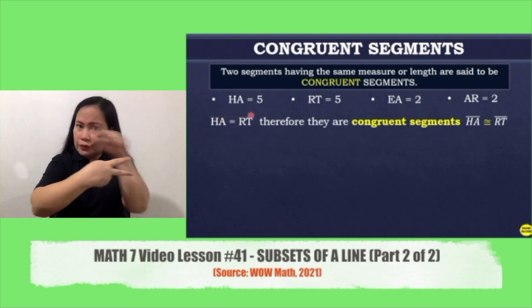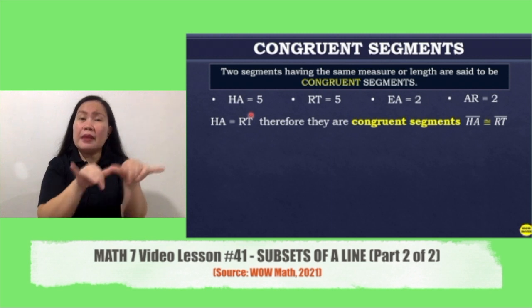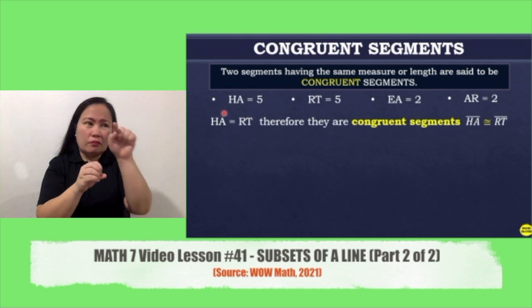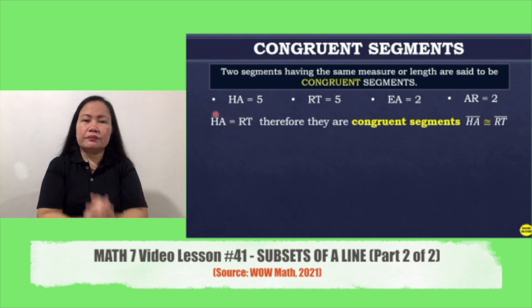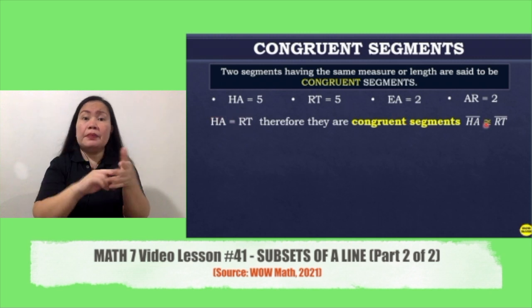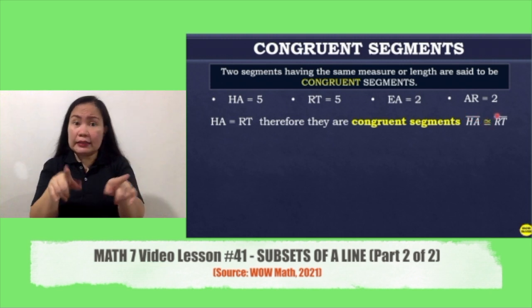Kasi nga po, kagaya ng binanggit ko kanina, when we are referring to its measure, hindi po tayo maglalagay ng symbol dito. Okay? Kapag equals, so ibig sabihin equals, we are referring to its measure, so wala po tayong symbol dyan. Pero kapag congruent na to po, maglalagay na po tayo ng symbol dyan.